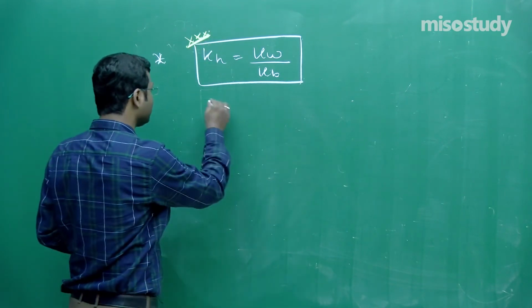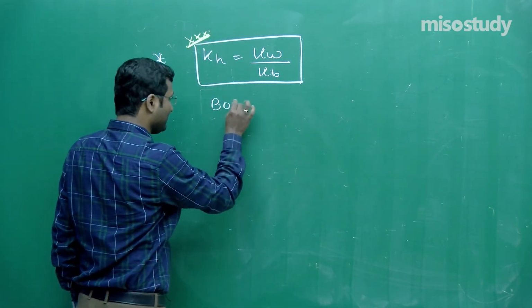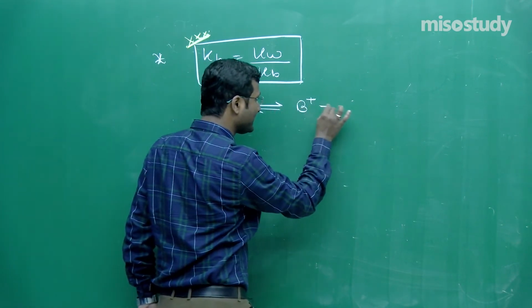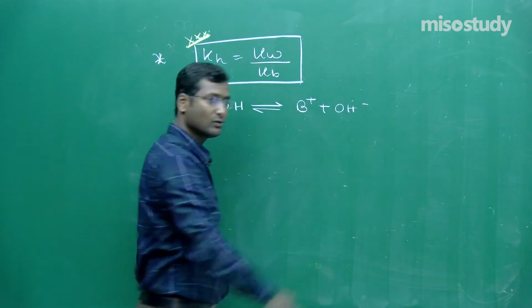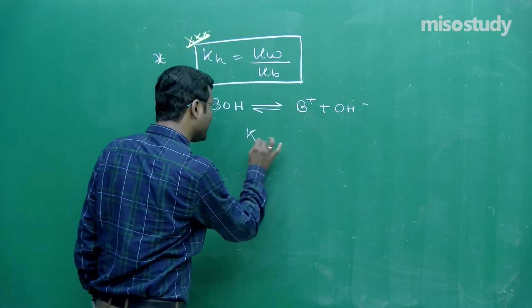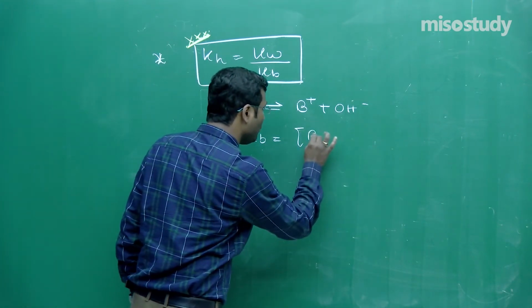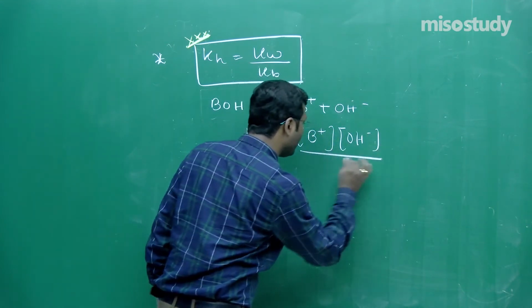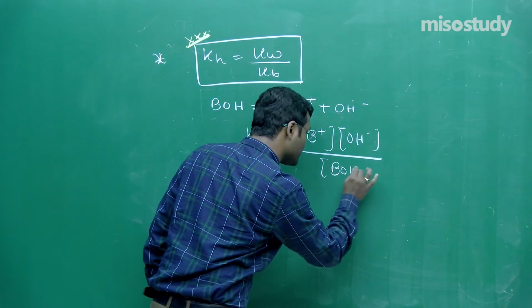If I take a weak base BOH, it gives B plus and OH minus. In this case, you can write Kb is equal to B plus into OH minus upon BOH.